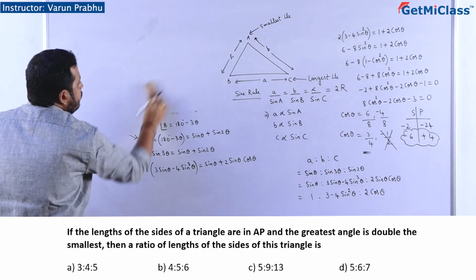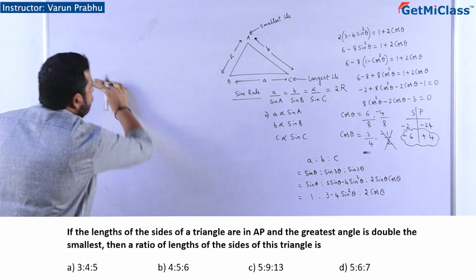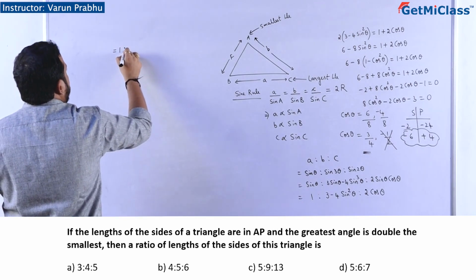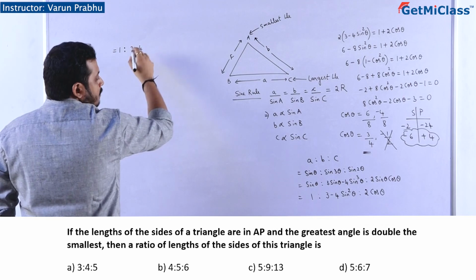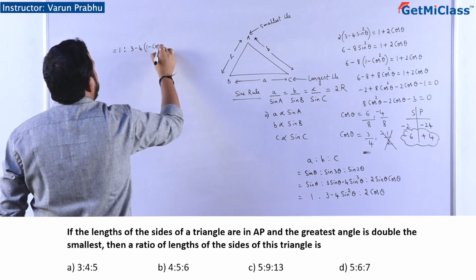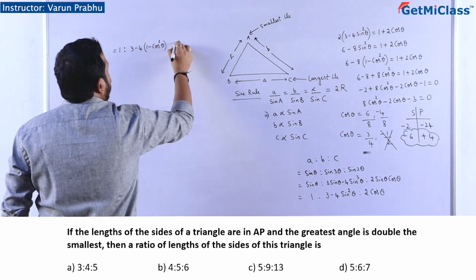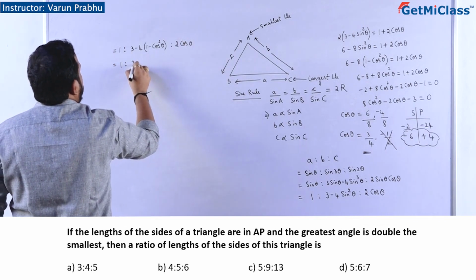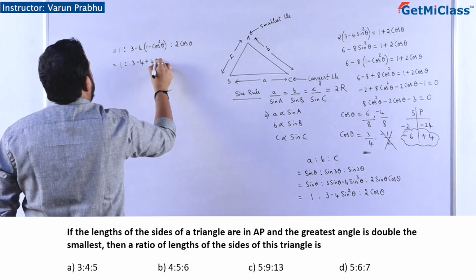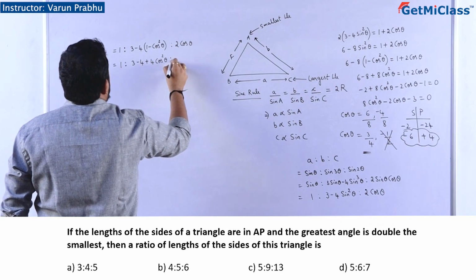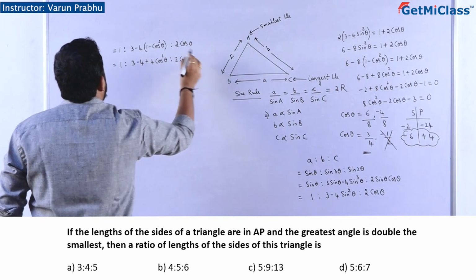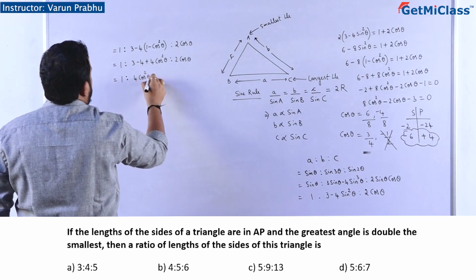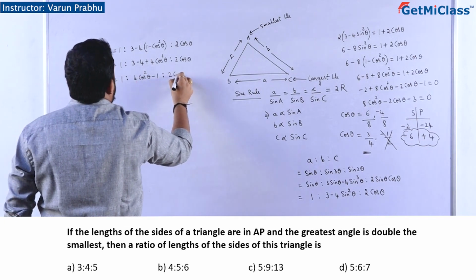I can also write this as 1 is to 3 minus 4 times (1 minus cos squared theta) is to 2 cos theta. So 1 is to 3 minus 4 plus 4 cos squared theta is to 2 cos theta. What is the answer that we get? 1 is to 4 cos squared theta minus 1 is to 2 cos theta.